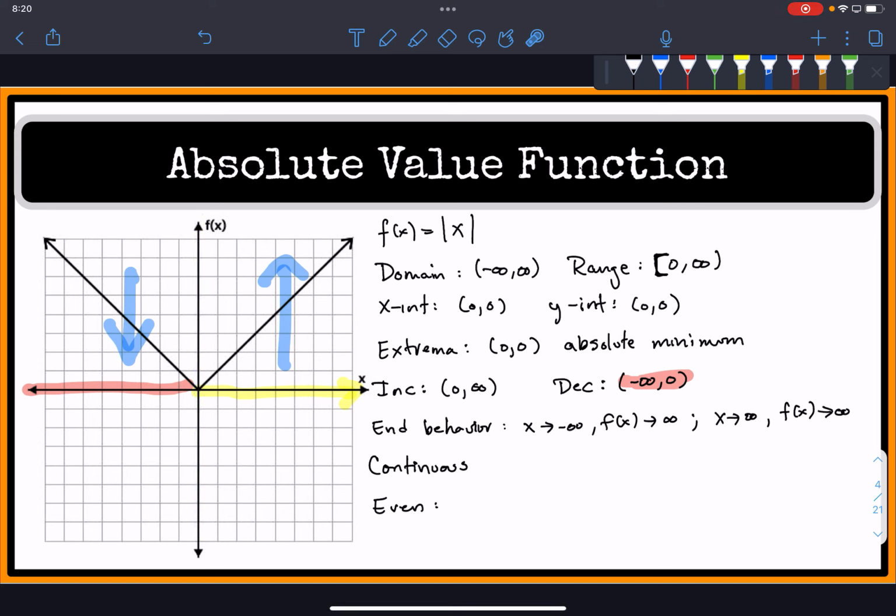Flipping the left side over the right side is going to get you the exact same graph. So this is symmetrical through the y-axis. Let me write that down. Let me just erase this. So it's an even function because it's symmetrical over, or through, the y-axis.